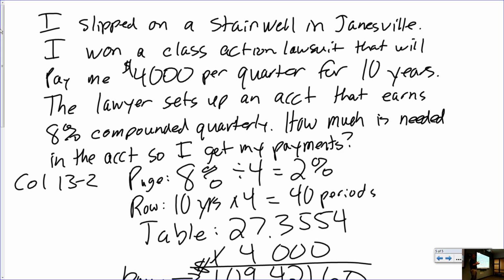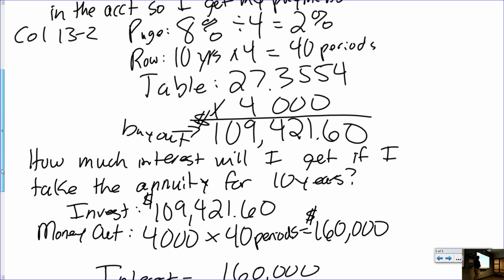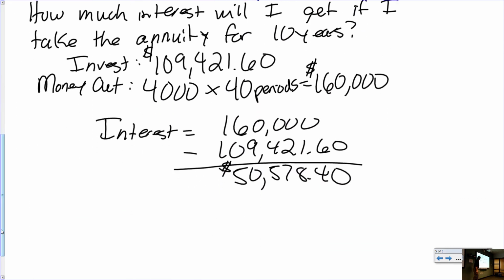But the principal will go down, and eventually, once you start getting to the end of the annuity, I earn almost no interest, and I'm taking almost all of my principal out. But eventually, at the very end, that last quarter, when I get my $4,000, all the money will be gone from the account, or most of it anyways. That's how it works. So realize that there's still interest going on in here, folks. It's just that there's interest, and then you're taking the money out as opposed to putting money in, okay?